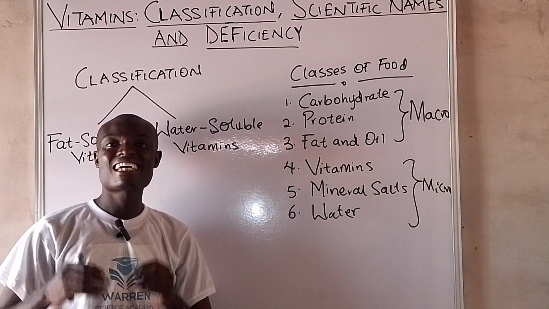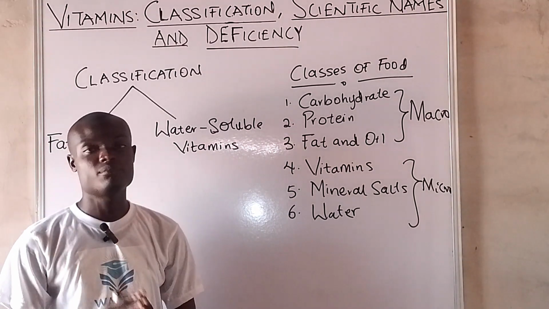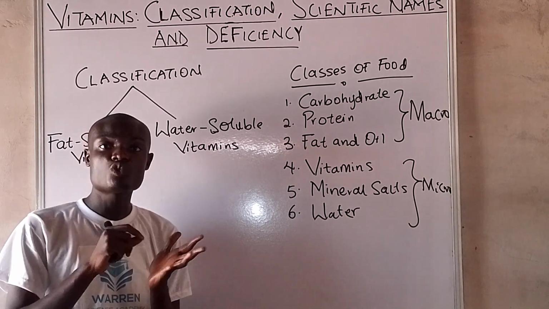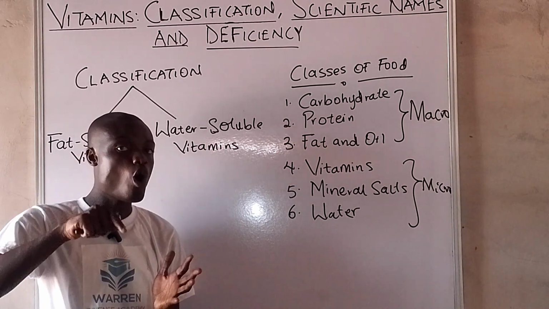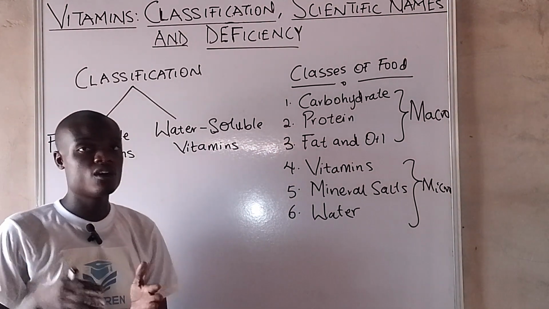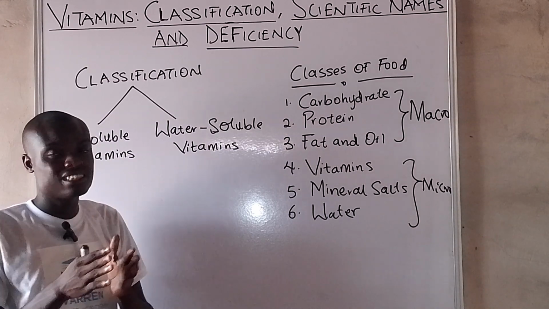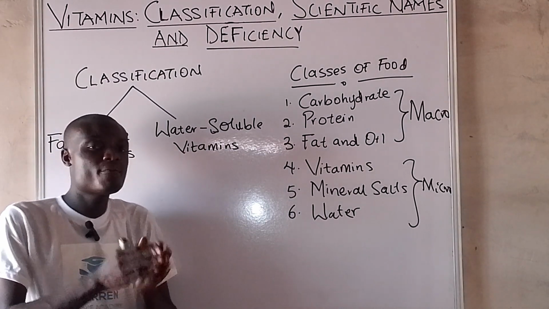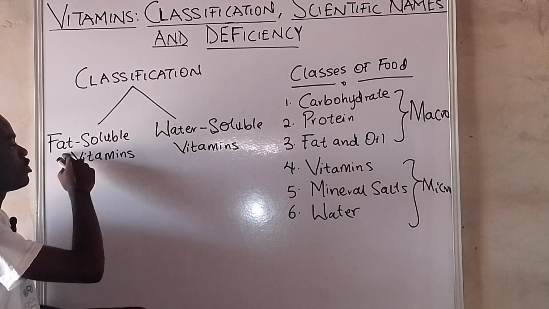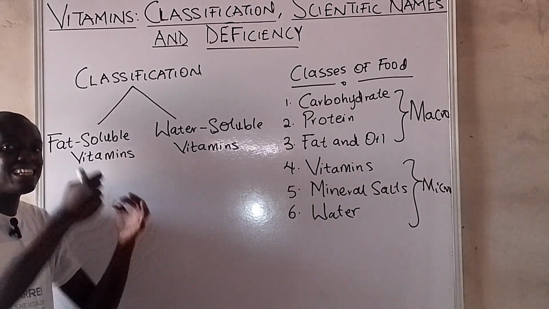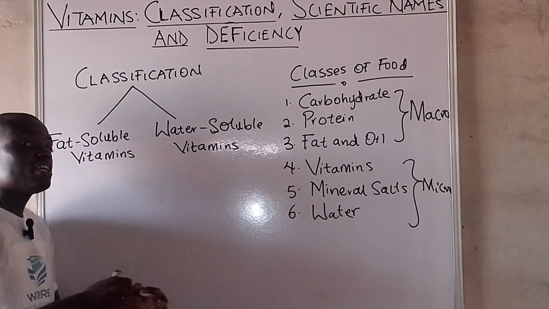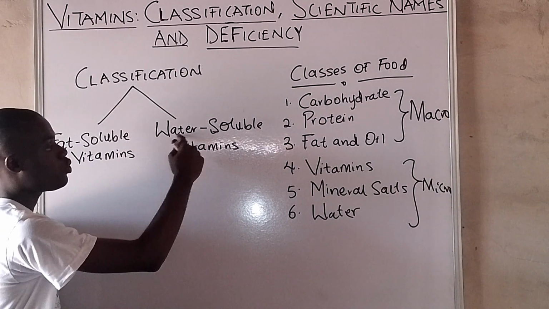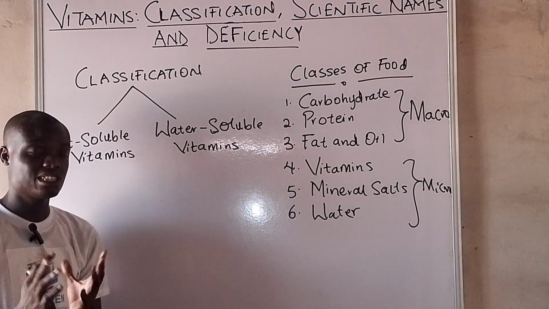So moving on, our first subtopic is classification. Like I said, there are 13 vitamins. Now these vitamins are classified based on their ability to dissolve in fat or their ability to dissolve in water. Those vitamins that can dissolve in fat, we call them fat-soluble. Fat-soluble means it can dissolve in fat. Then those vitamins that can dissolve in water, we call them water-soluble vitamins.